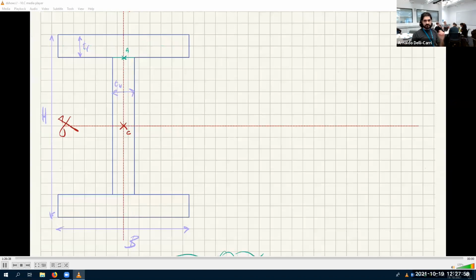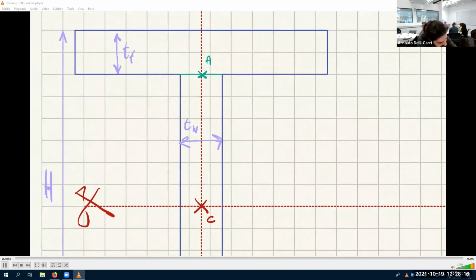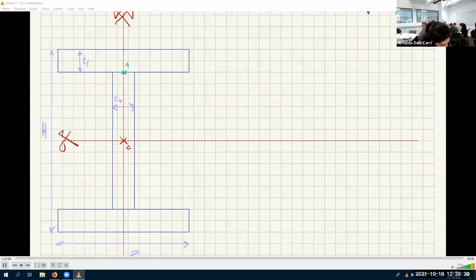And for the first moment of the shaded area, we also need to find the centroid of the shaded area. The centroid of the top area is much easier than the centroid of the bottom area. The centroid of the bottom area is basically question 1 that we did in the recap today. So the centroid of this area is this one. Did I screw up again here? Yes, I did.